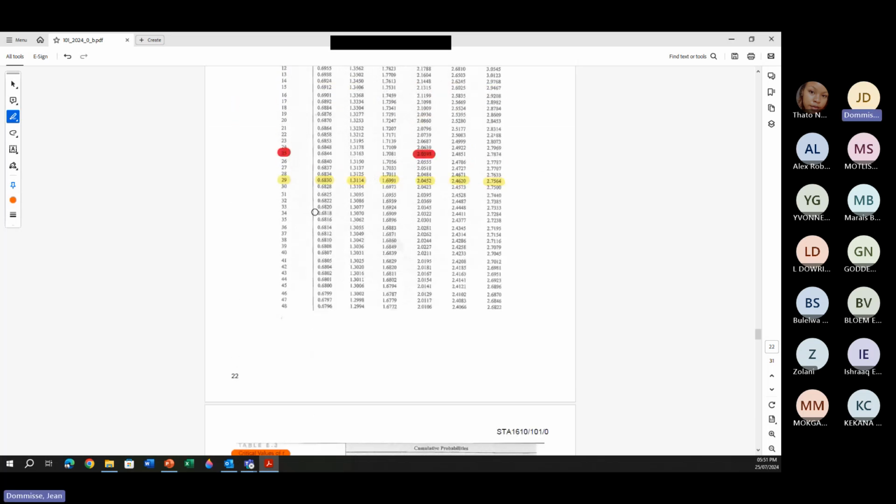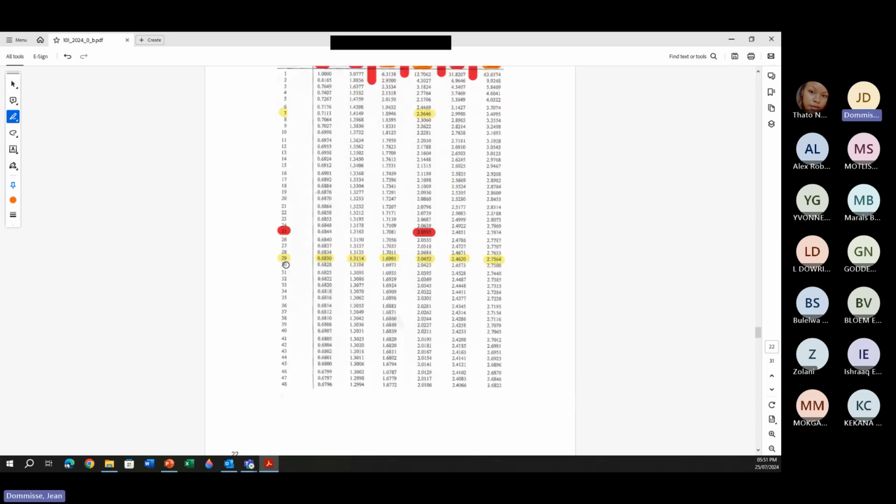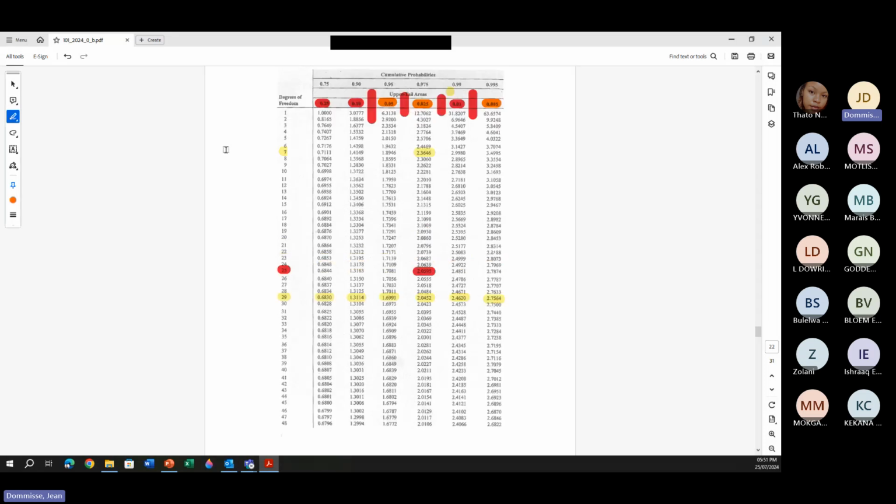Okay, so there's two components of it, and they said to us degrees of freedom that we're working with is 27. So I'm just going to highlight, we'll make it bigger now as well. I'm just going to highlight all the ones that are 27.